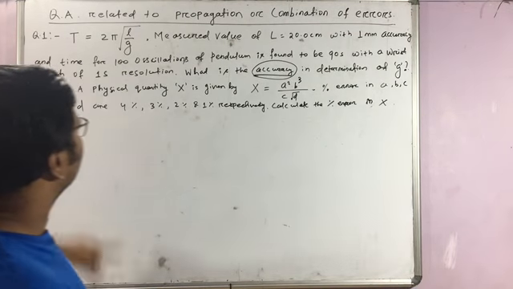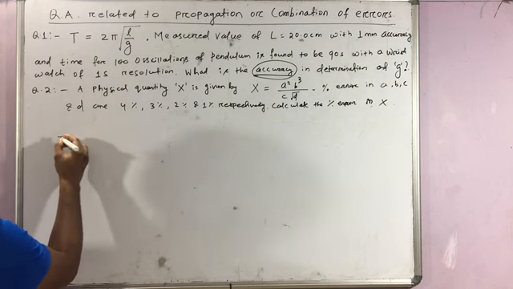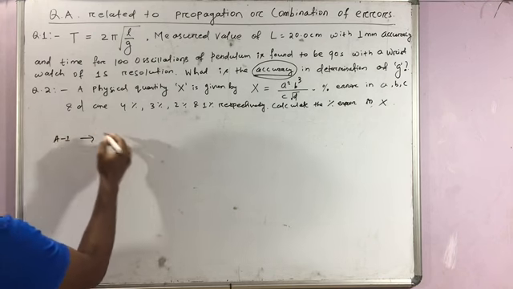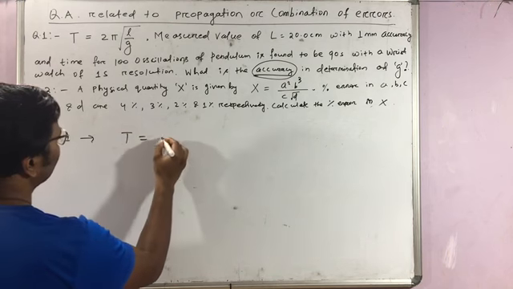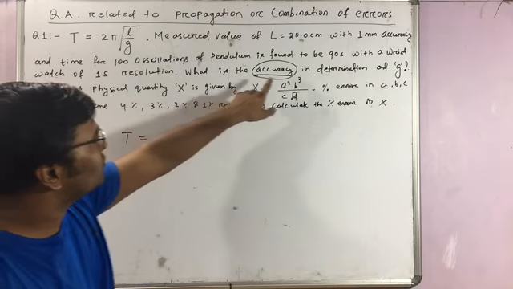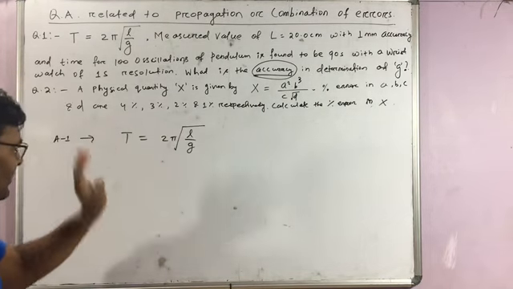Got it? Now the formula involved is for T. So the answer to your first question, let us write the formula involved. T is equal to 2 pi root over L by G. Now it is asked to calculate the determination of G, so you need to find a formula for G using this.